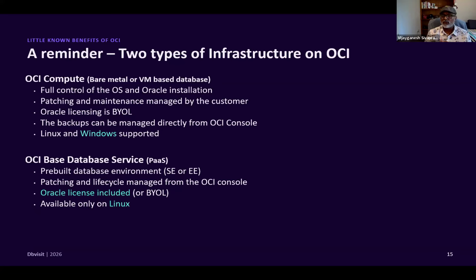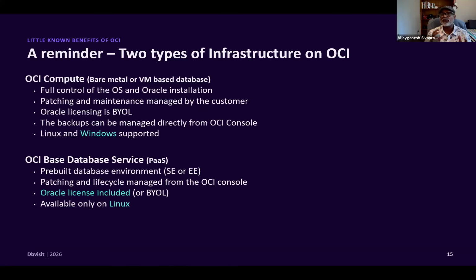There are some advantages here, where the backups can be directly managed from your OCI console. You can monitor your database from your OCI console as well, and it is supported for your Linux and Windows environments.